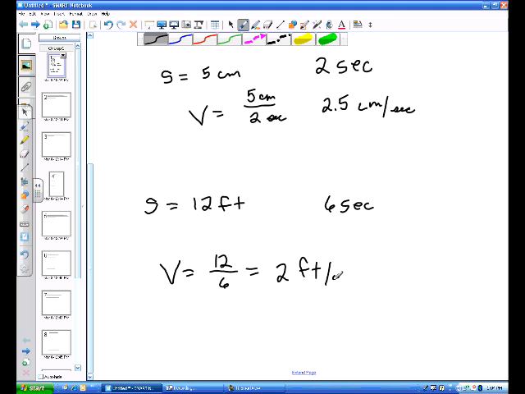And it's going to be very important, when you're doing this, to keep track of your units. And so this is how we would get how fast something is moving on the edge of the circle.